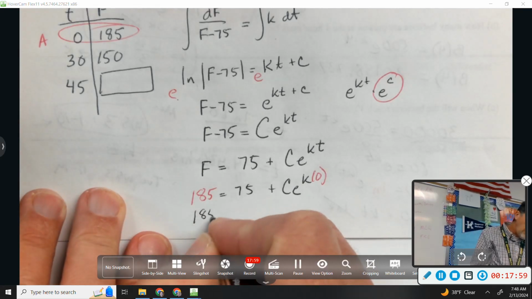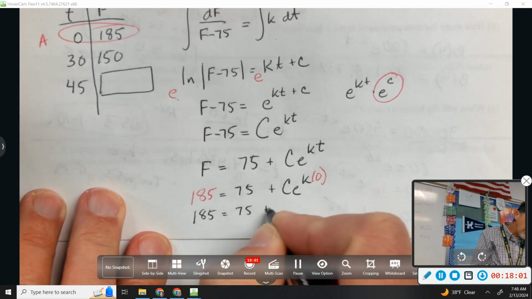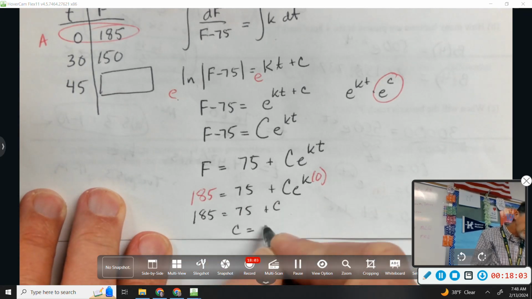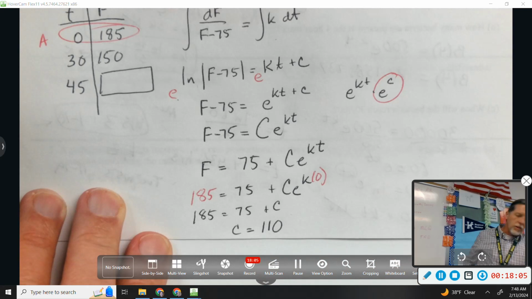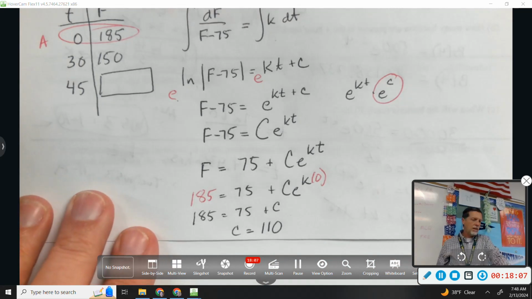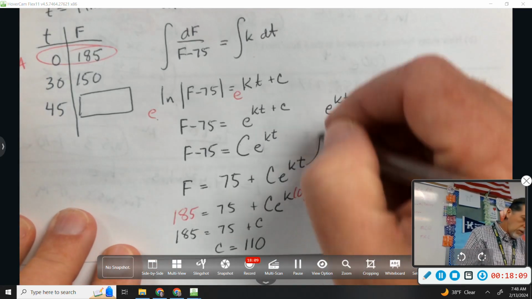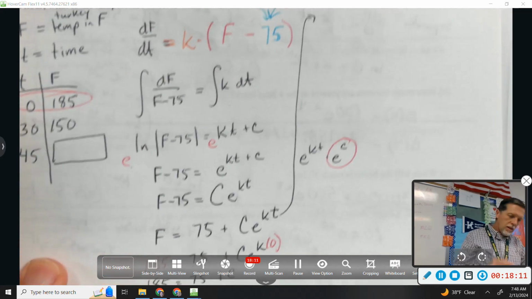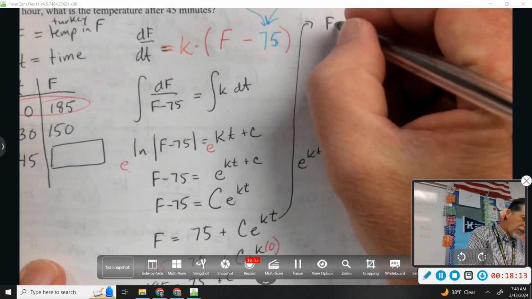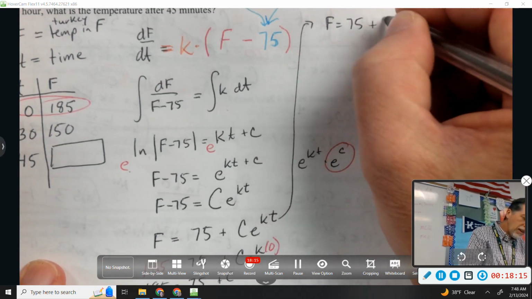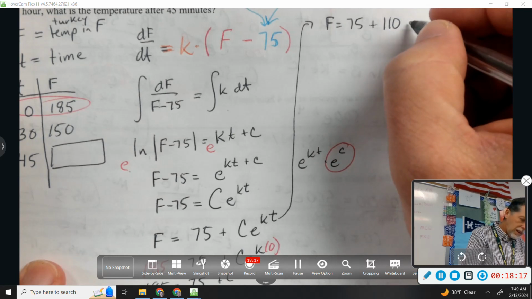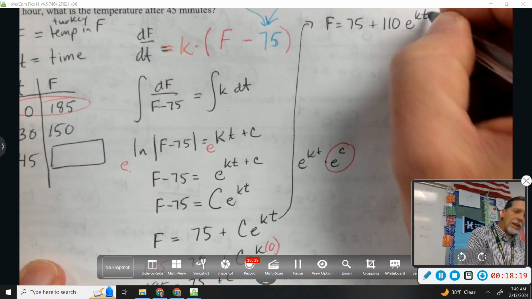So 185 equals 75 plus C. So C is 110. So back up here to the top. F equals 75 plus 110 E to the KT.